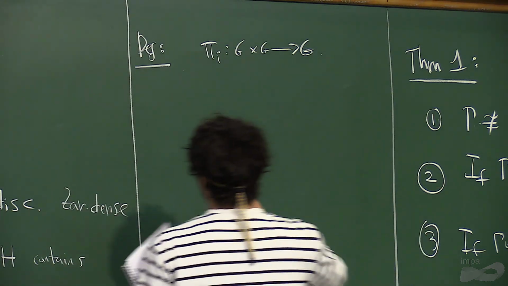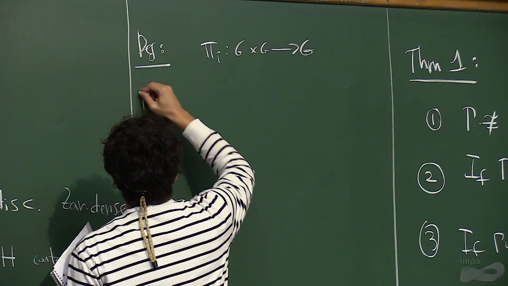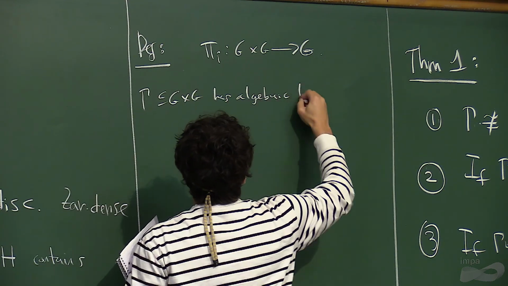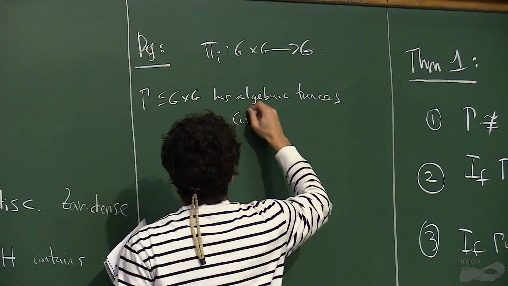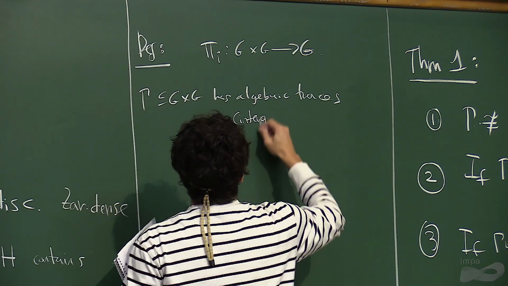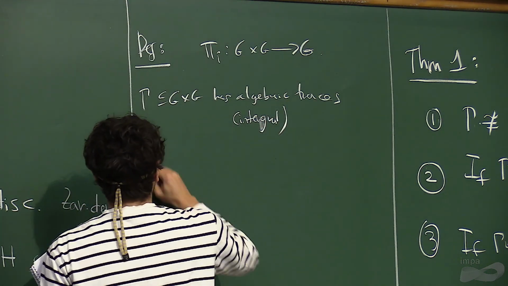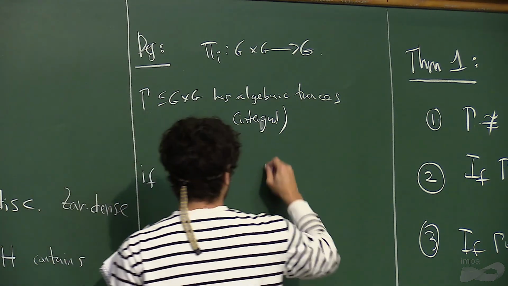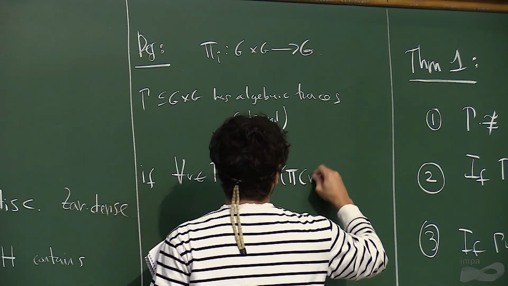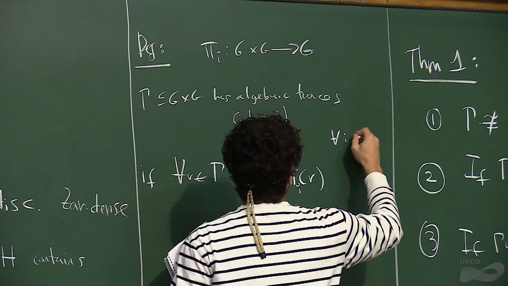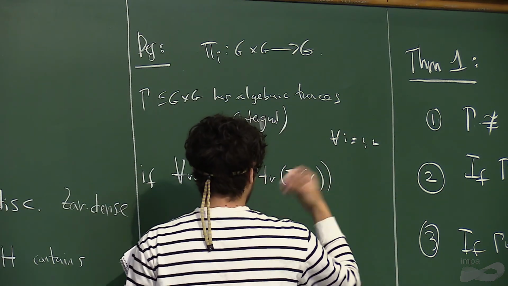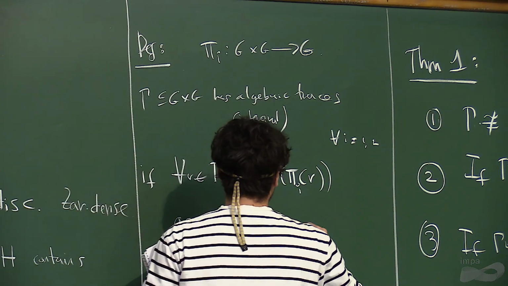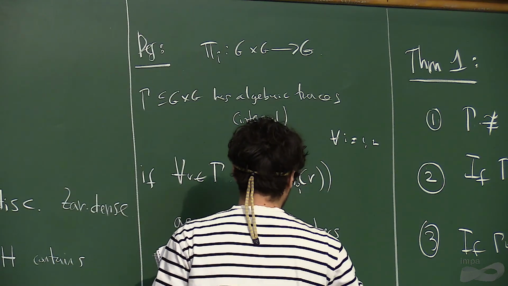So what I mean is that gamma has algebraic traces or integral traces if for every element gamma, the trace of pi_i of gamma, for i equal 1 and 2, these are algebraic numbers or integers.